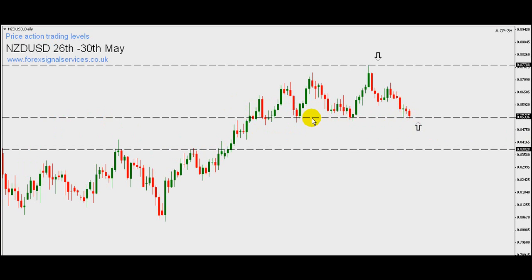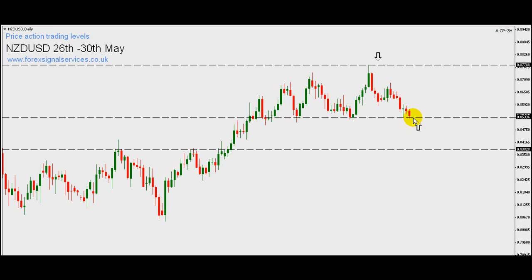NZD USD, this is again back at the 85.33 level, where we've had support for quite a while now. However, there is quite a lot of bearish price action above this, so I'm watching this very, very carefully for a proper confirmed price action move to go back up to 87.788.